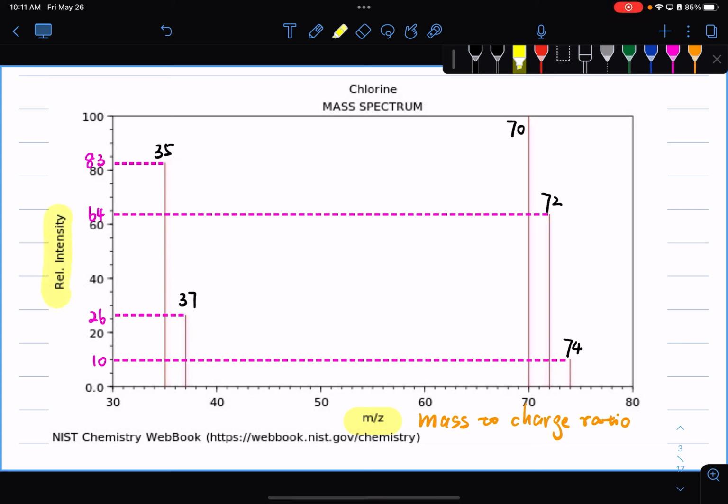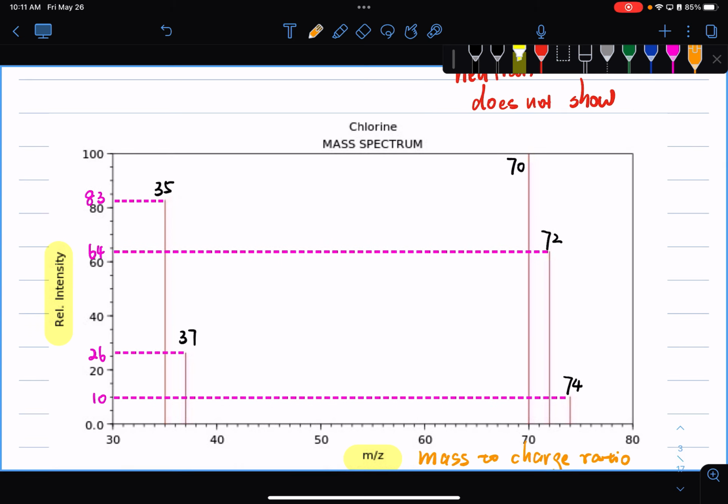Then on the y-axis, that is our relative intensity. That tells you how much of those fragments reach your detector. Note that we're talking about relative intensity. The reason it is called relative is we always define the largest peak, or the most intense peak, to be our base peak.